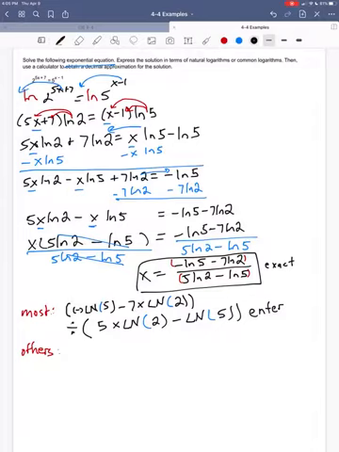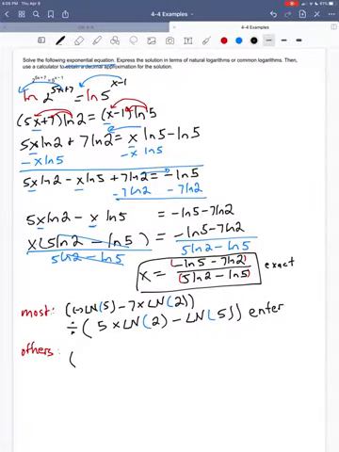So I'm going to start a set of parentheses. Now, I want to take negative natural log of 5. The way to get a negative on these other calculators is to use the plus or minus button, but that has to come after you've got the number in the display already. So I'm going to start with the 5, then hit the natural log button, and then hit plus or minus.